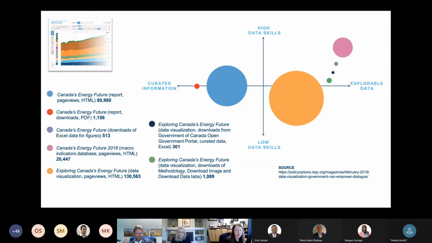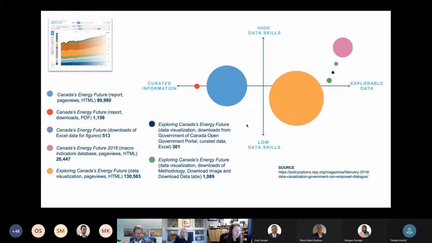Sure. Yeah, so this is an example from the publication Energy Futures. It's a product that's published in a few different formats. Each of these bubbles represents a format: the smaller bubbles are formats with fewer page views, and larger bubbles are formats with more page views. You'll see at the left here these middle-sized bubbles.